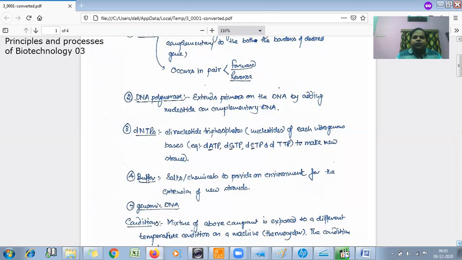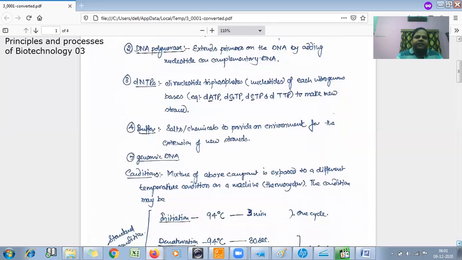So there are 4 different dNTPs. One is dATP, dGTP, dCTP, and dTTP. Means all the bases will have different dNTPs, and all the 4 dNTPs will be mixed together.